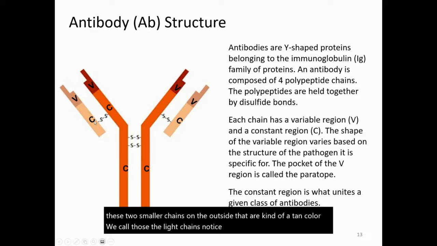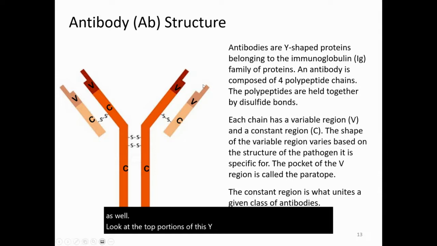Notice that we have disulfide bonds right here that are connecting the light chains to the heavy chains. And we've also got disulfide bonds here, and those are also called disulfide bridges that are connecting the 2 heavy chains together as well.